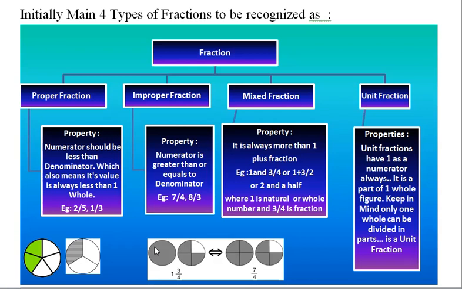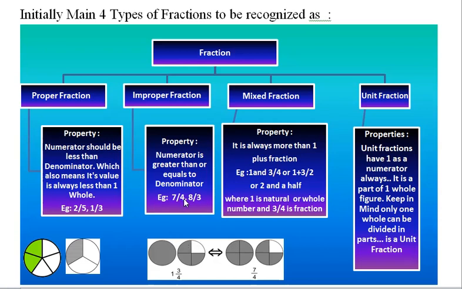For example, we have this one whole figure that was equally divided into 4 parts, and this whole figure has been used. 4 out of 4 parts have been used. So the numerator is equal to the denominator. That also means it is an improper fraction, and it is also referred to as a whole number, one whole.